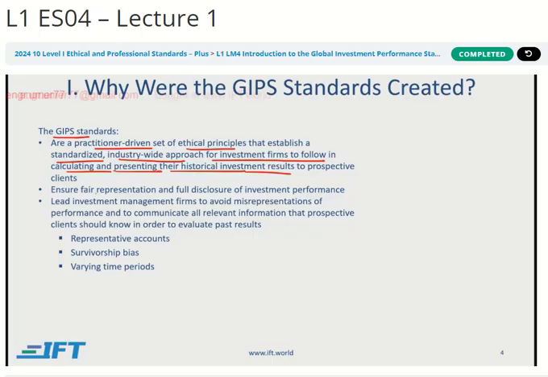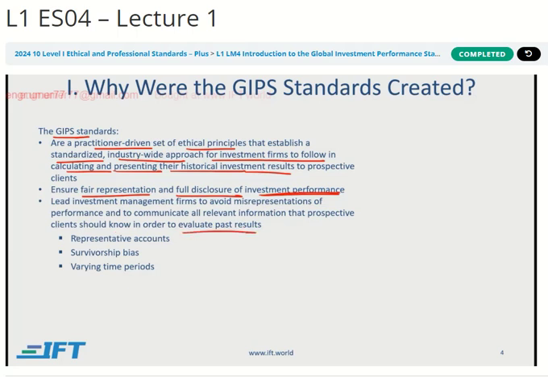The GIPS standards ensure fair representation and full disclosure of investment performance. The GIPS standards lead investment management firms to avoid misrepresentations of performance and to communicate all relevant information that prospective clients should know in order to evaluate past results.